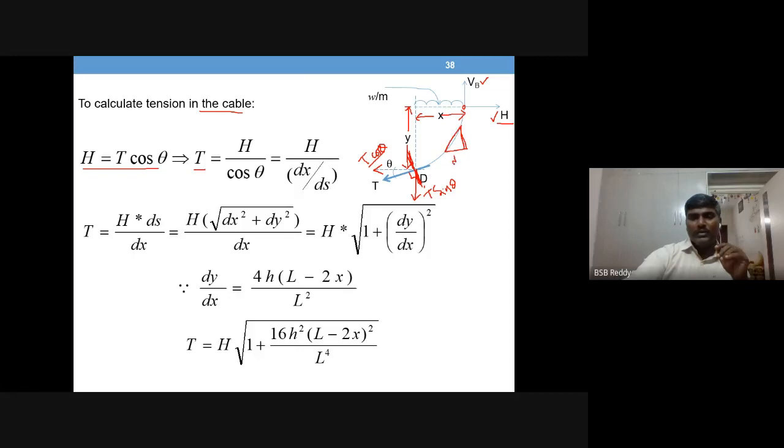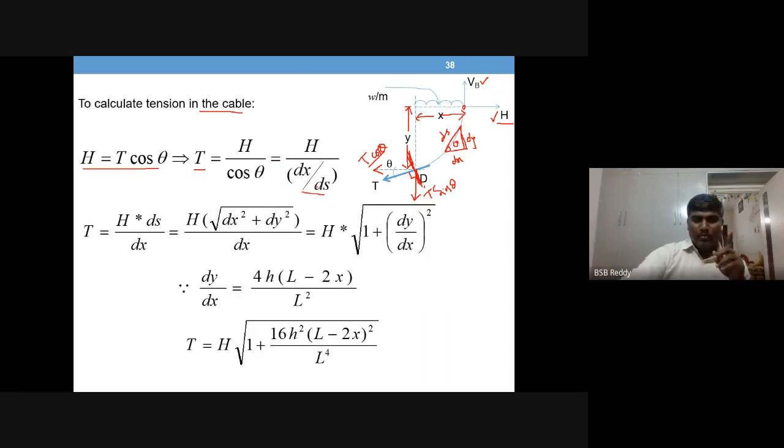So this is dx, this is dy, and this is ds, length of the cable along the curvature. So this is theta with respect to horizontal, the inclined line with respect to horizontal, this is theta. So what is cos theta from this triangle? Dx by ds. That's why it is written like this.